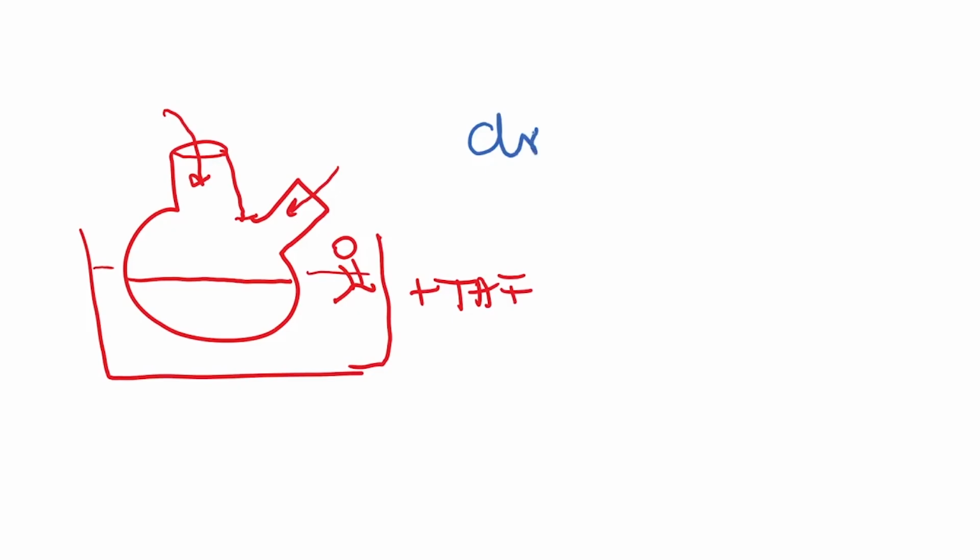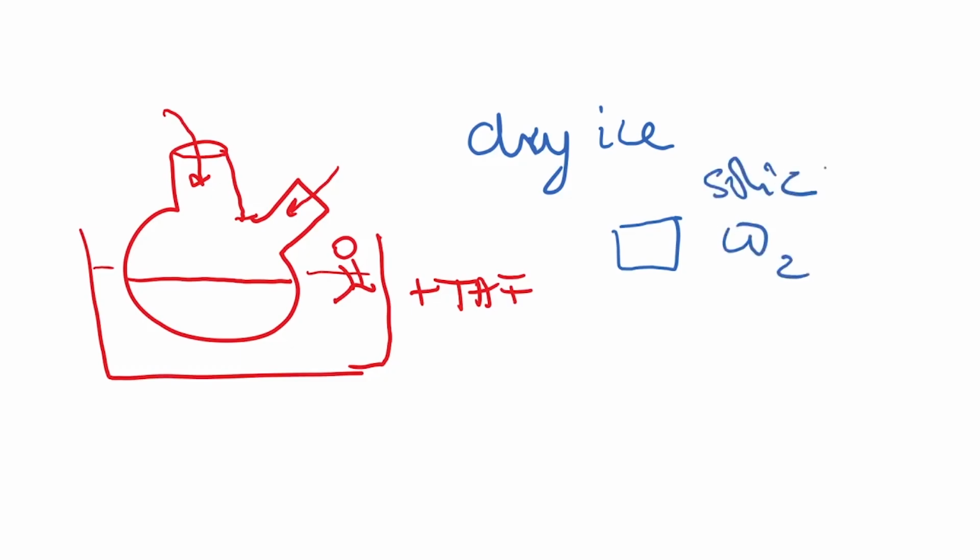Okay, now what you do is you keep it in a trough which contains dry ice and acetone. So dry ice is basically you get these chunks of dry ice, which is solid CO2. Okay, and acetone is very widely used in organic chemistry labs. So you mix this dry ice and acetone in this, and it's a very, very inexpensive way of maintaining low temperatures.